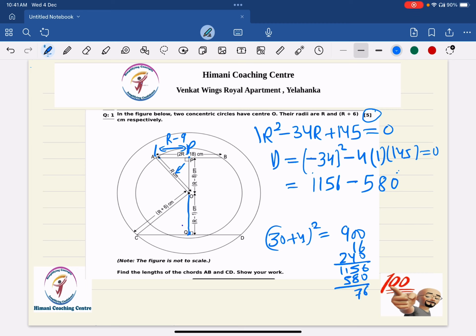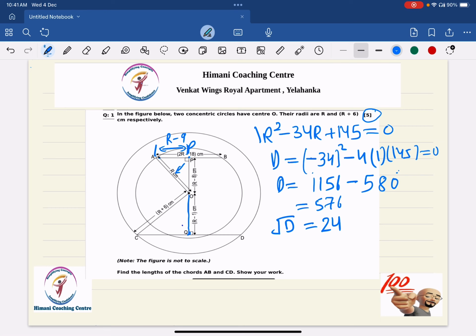And you get 576. So we have got D, which is 576. So we can find root D, which would be 24.